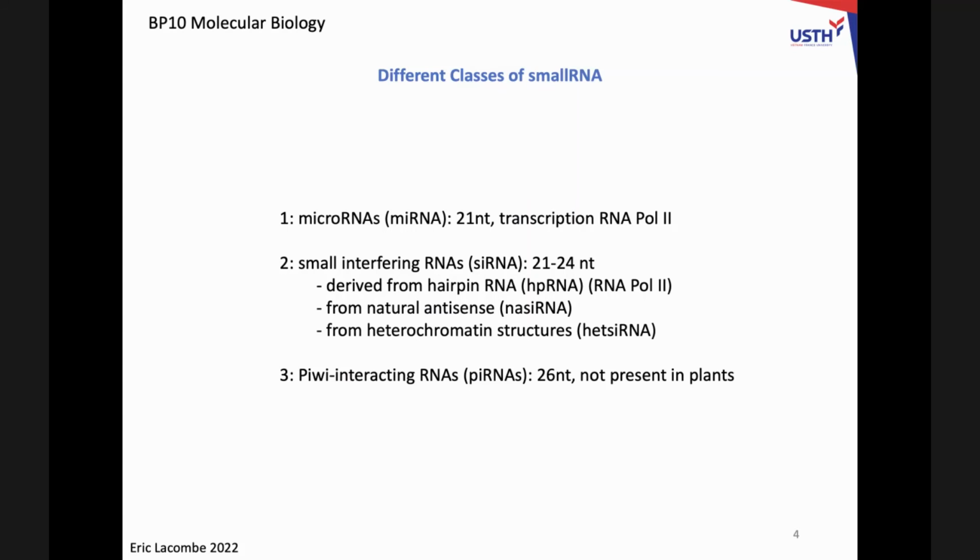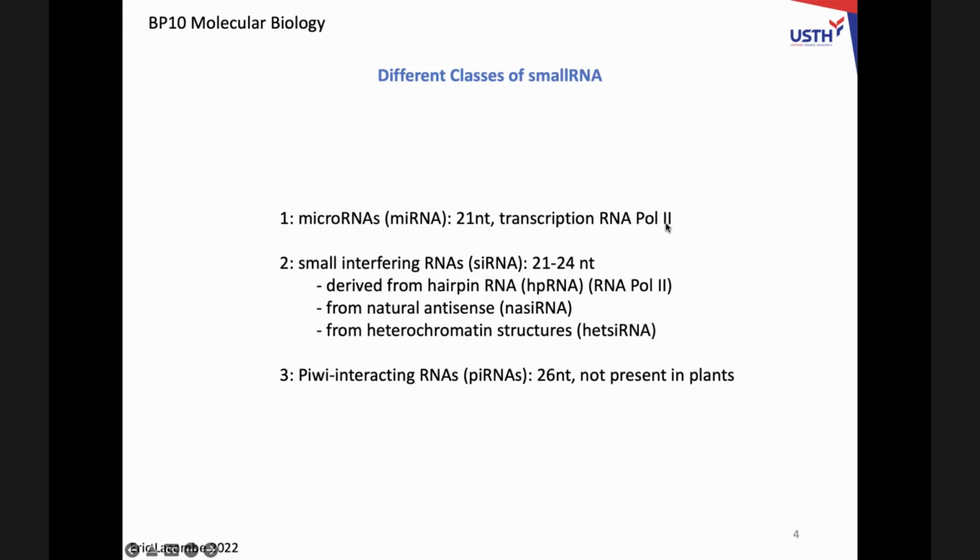I will show you how it works just after, and it just gives rise to this small RNA of 21 nucleotides. Important, and we will come back to that at the end, the genes coding for these microRNA are transcribed by RNA polymerase II. So these are, let's say, proper genes.